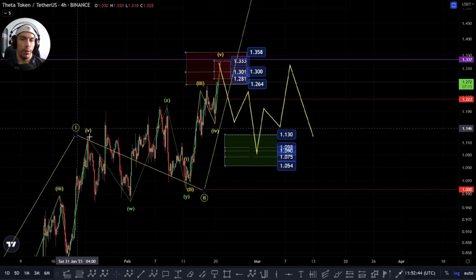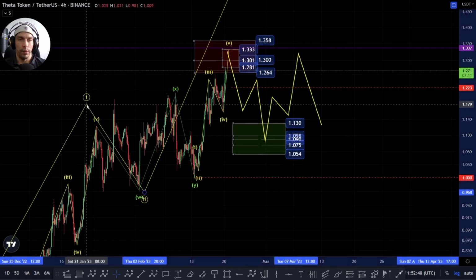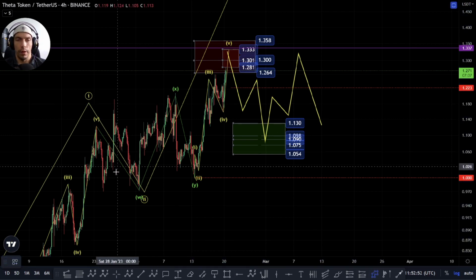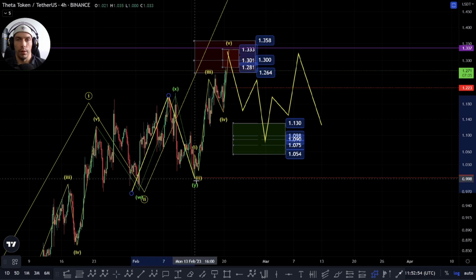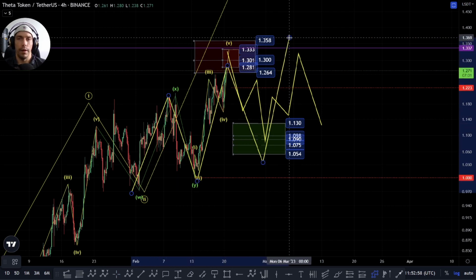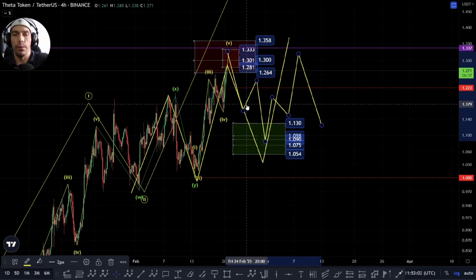It is also possible we could argue that we have something like this, where instead of a 1, this is an A wave, and then we could look for a diagonal here where this becomes a 1, 2, 3, 4, and then a 5 as an expanding diagonal. But there's not enough information yet to confirm that either.